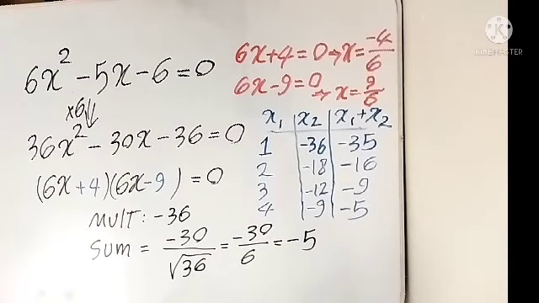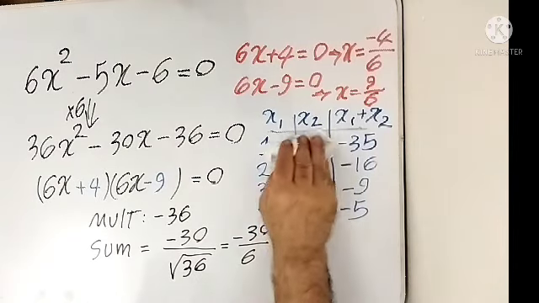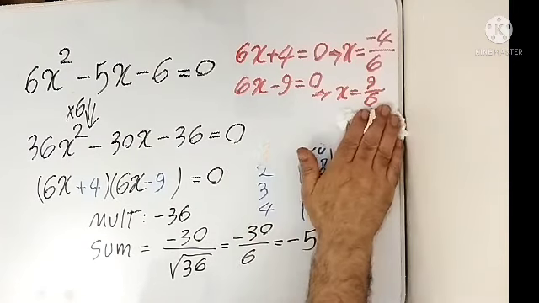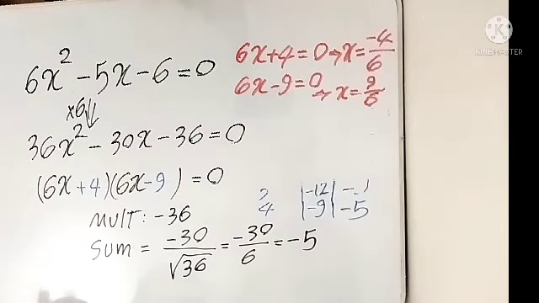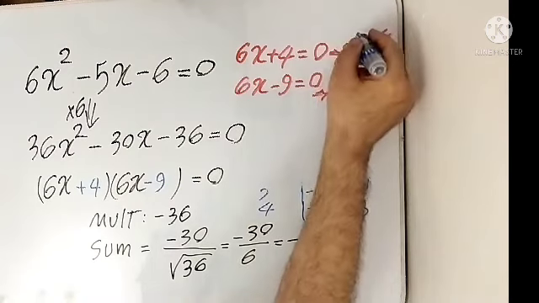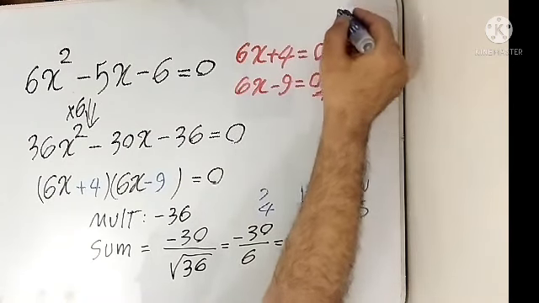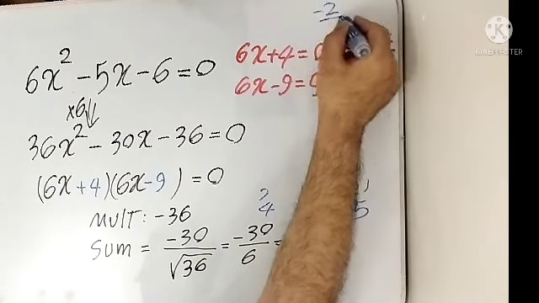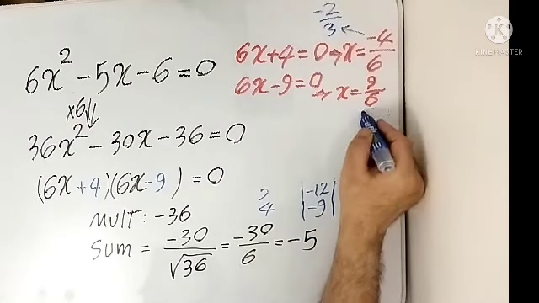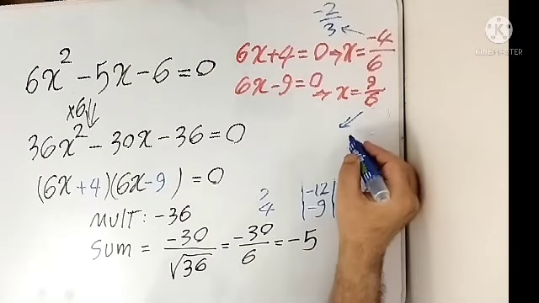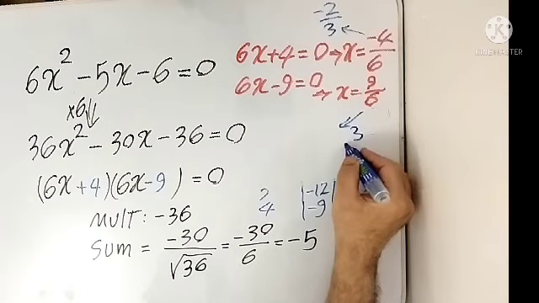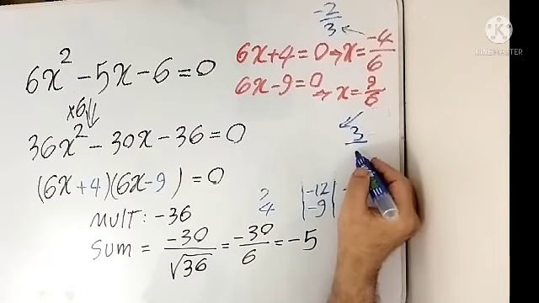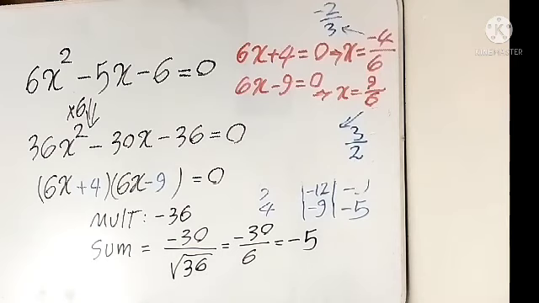Both fractions can be simplified. The first fraction equals minus 2 divided by 3, and the second fraction equals 3 divided by 2.